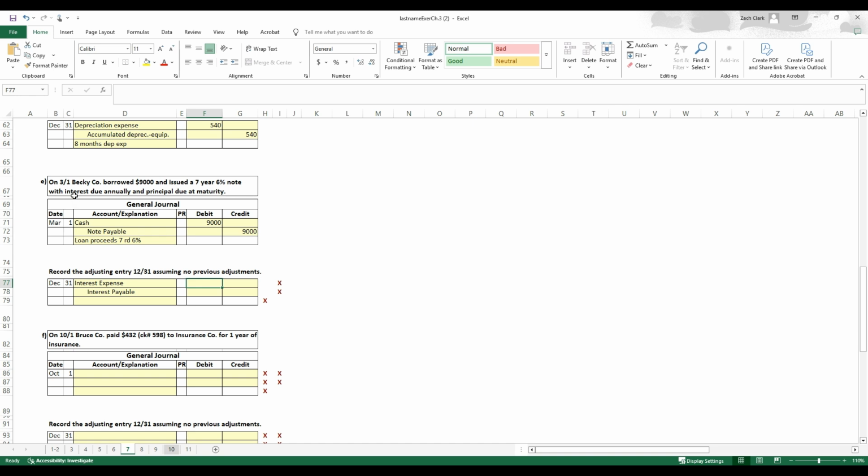Now that we're at the end of the year, we took it out on March 1st. So March, including March all the way to the end of the year, is 10 months. So our formula for that is going to be the 9,000 times 6% or 0.06, if you want to do it with a decimal. And that would be our annual. So let's divide that whole thing by 12 to give us a monthly interest expense portion.